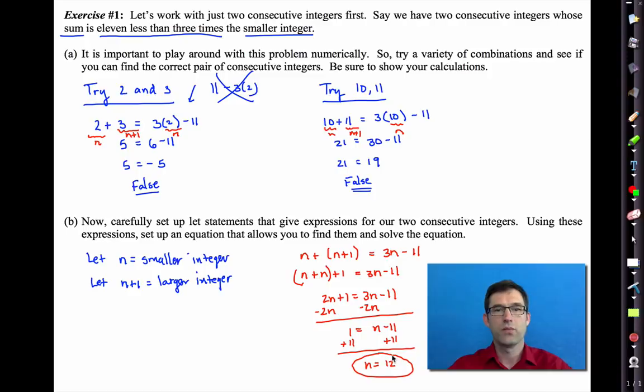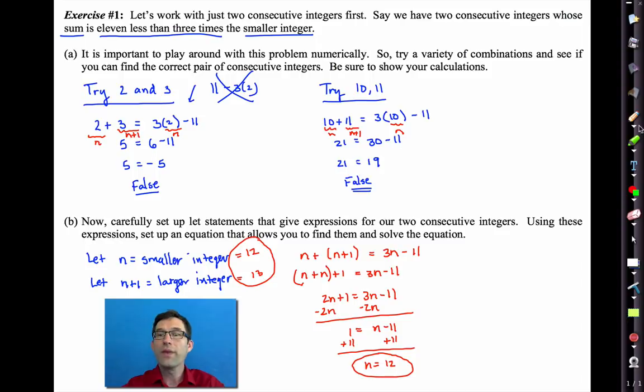So we have it. What are the two numbers? Well, the smaller is 12, and the larger is 12 plus 1, so 13. One thing I like about consecutive integer problems, and I'm going to do the check in green, is that the check can sometimes be done pretty easily.